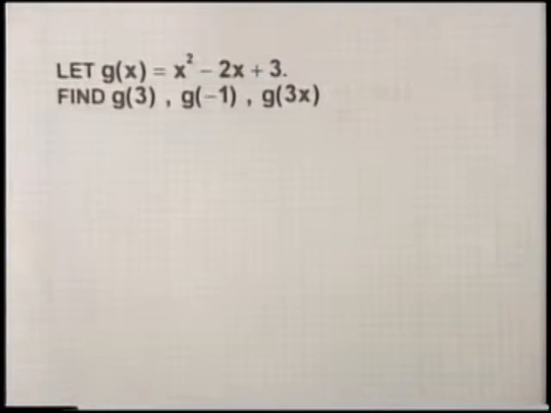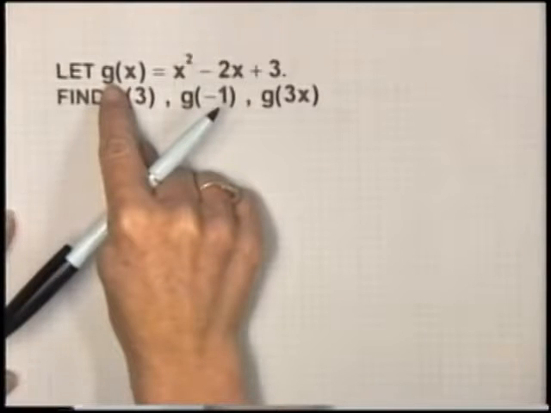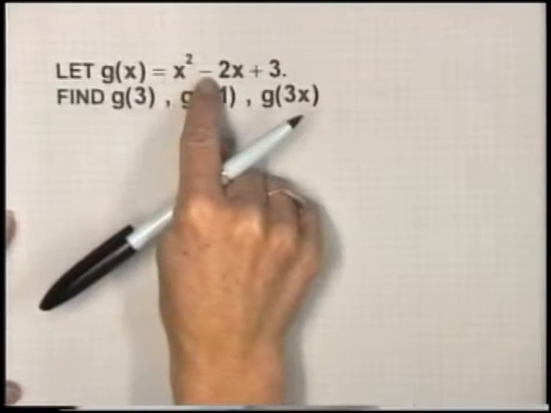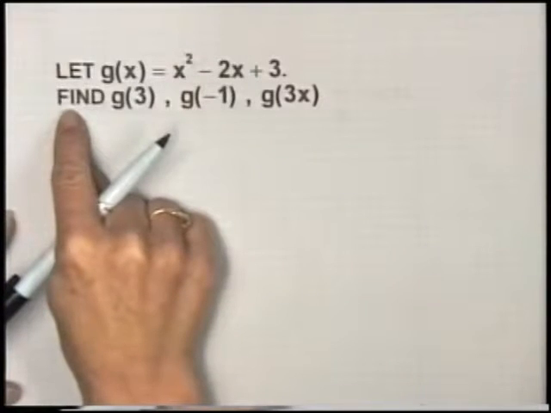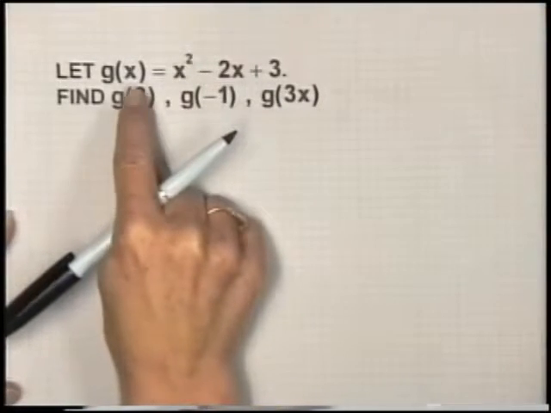In this example, we're going to use a different letter here. Remember, we don't have to use f to represent a function. G of x is equal to x squared minus 2x plus 3. First of all, we're to find g of 3. Now recall what that means.